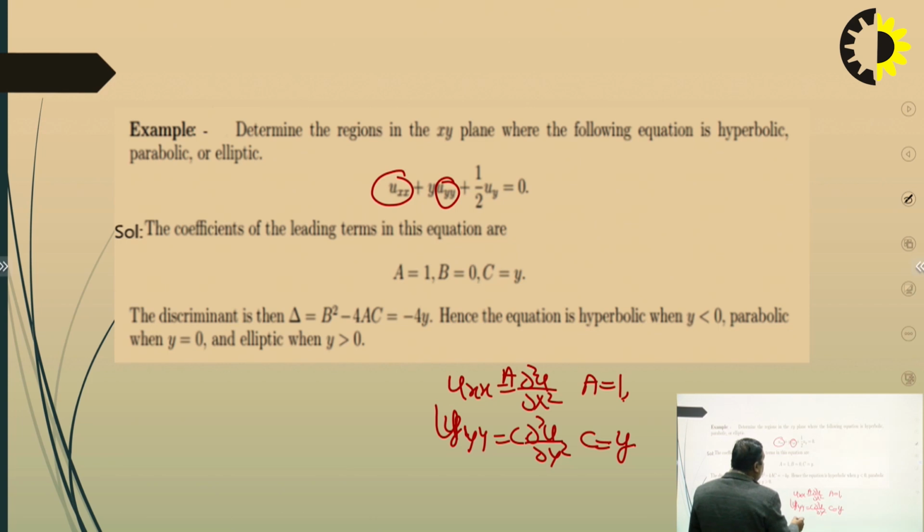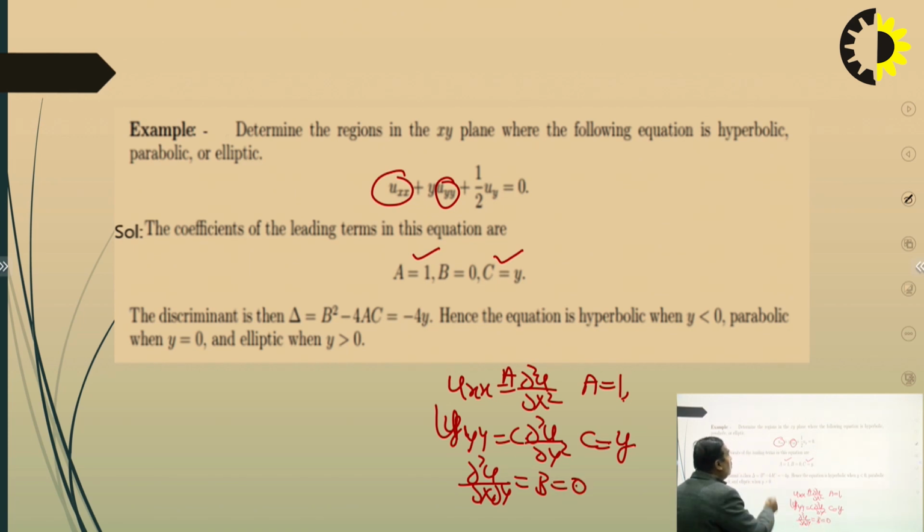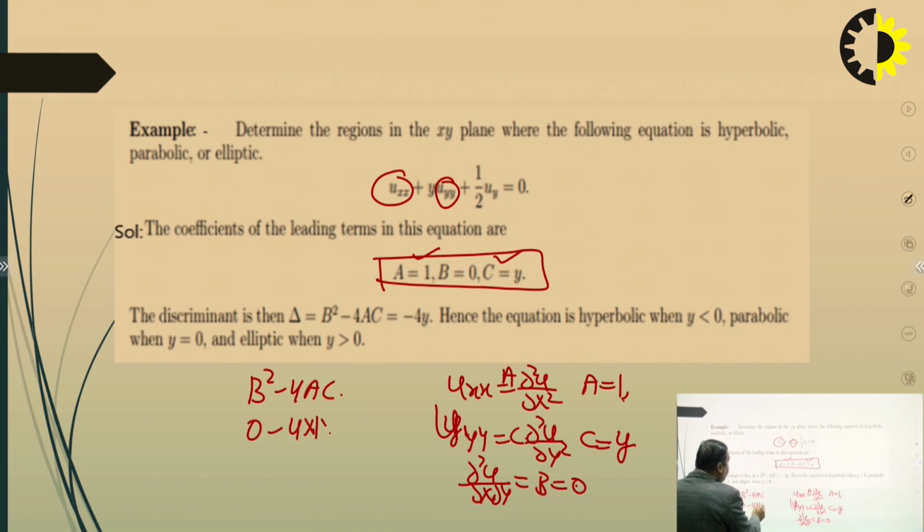And for del square u over del x del y, there is no coefficient, that is b, and the coefficient is 0. Now we take a is equal to 1, b is equal to 0, and c is equal to y. Then we calculate b square minus 4ac, that becomes 0 minus 4 into 1 into y, that is minus 4y.